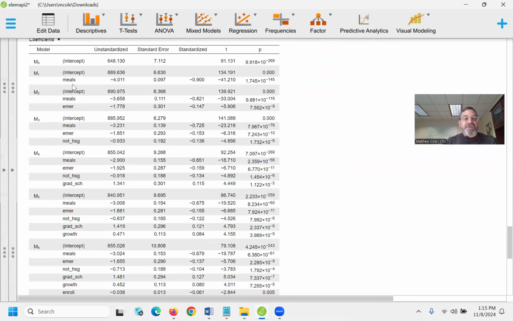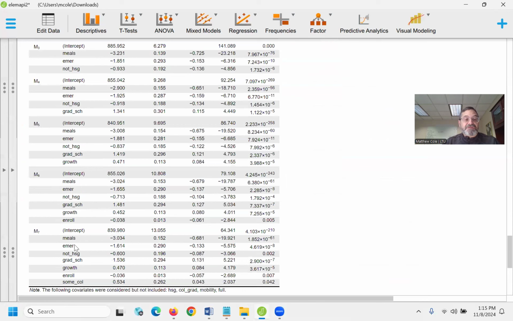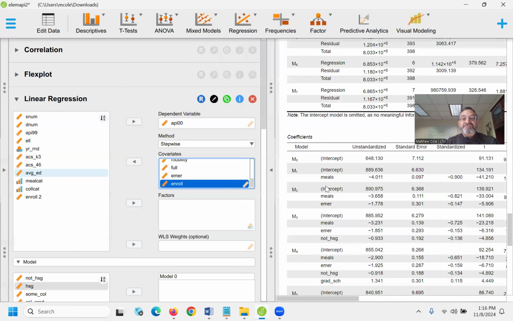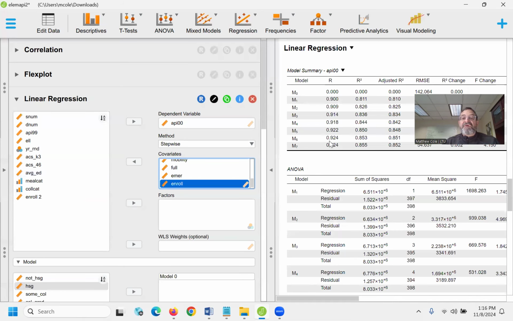And those were right here. Meals, right? 1, 2, 3, 4, 5, 6. Oh, was it 7? 1, 2, 3, 4, 5, 6, 7. Yeah, 7 of them. Sorry, my bad. 7 of them were found, because 0 was the other. So 7 were found to be the most predictive of academic performance.